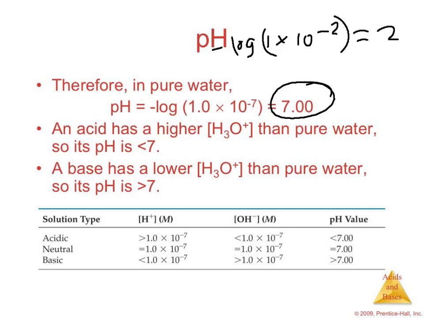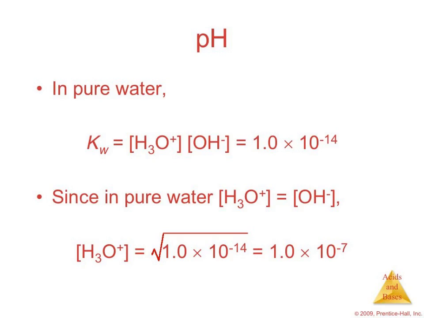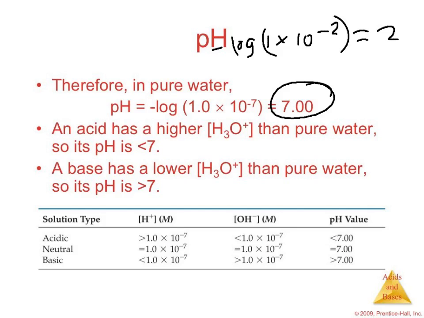And the reason for that, I don't want to make any assumptions here, if we go back to our Kw expression, if this H3O plus number is higher than it is in pure water, then the OH minus number has to be lower in order for this to still equal 1 times 10 to the negative 14th. So that's going to give you a pH value of less than 7. If it's neutral, they're right at 1 times 10 to the negative 7th, so the pH is 7. If you have a basic solution, then the H plus concentration is going to be less than 1 times 10 to the negative 7th. The OH minus concentration will be higher, and then you'll have a pH of greater than 7.